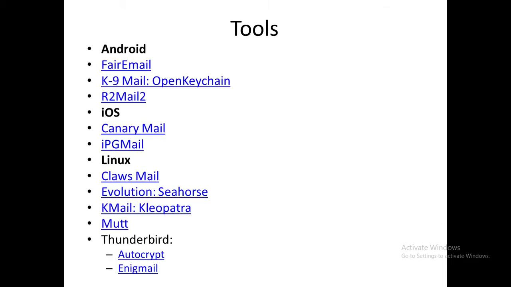Some of the tools available in the market for Windows are Claws Mail and Evercrypt. For macOS we have AutoCrypt and Canary Mail. Apple Mail is also very famous. When we use Apple Mail for sending email, we can see a lock on the subject.